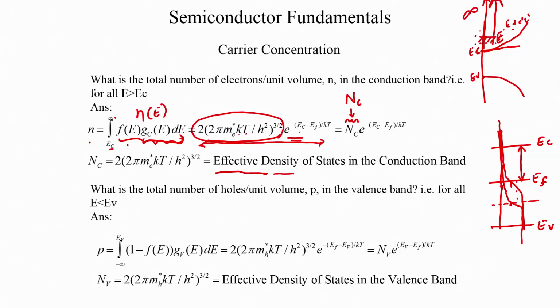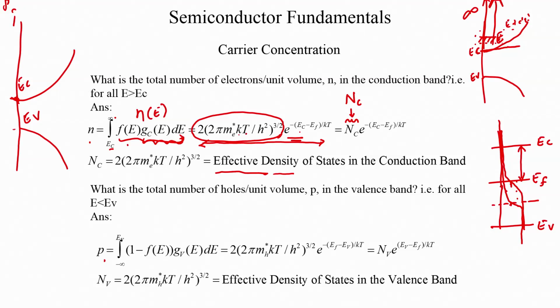Now, similarly, if you want to find the total number of holes in the valence band, because that is what is going to help me carry current, we find that the number of holes in the valence band is the summation of all the holes between E and E plus dE, but going from minus infinite to E v. So, that is my E v, that is my E c. To find the number of electrons, I needed to find all the electrons sitting from here all the way till infinite.